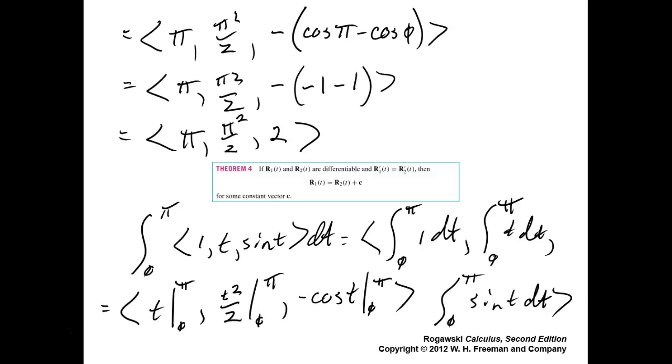I hope by my saying this, it doesn't make it worse. A constant vector does mean all the components of the vector are constant, but they're not all the same. If the x component is 3, that doesn't mean the y component has to be 3.